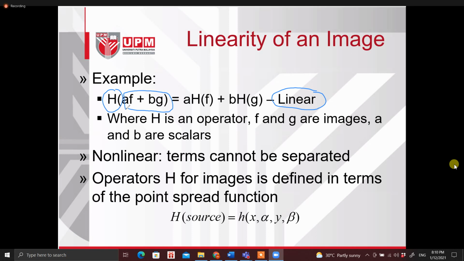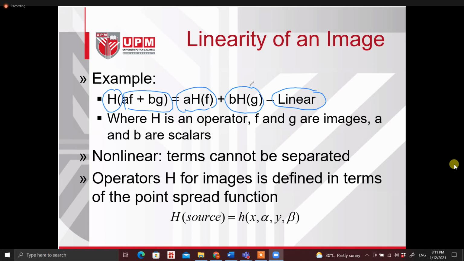So we can assume the image formation function is linear if we can separate the two terms aF and bG. Instead of having one term here as an output image, we can separate them into two individual images.